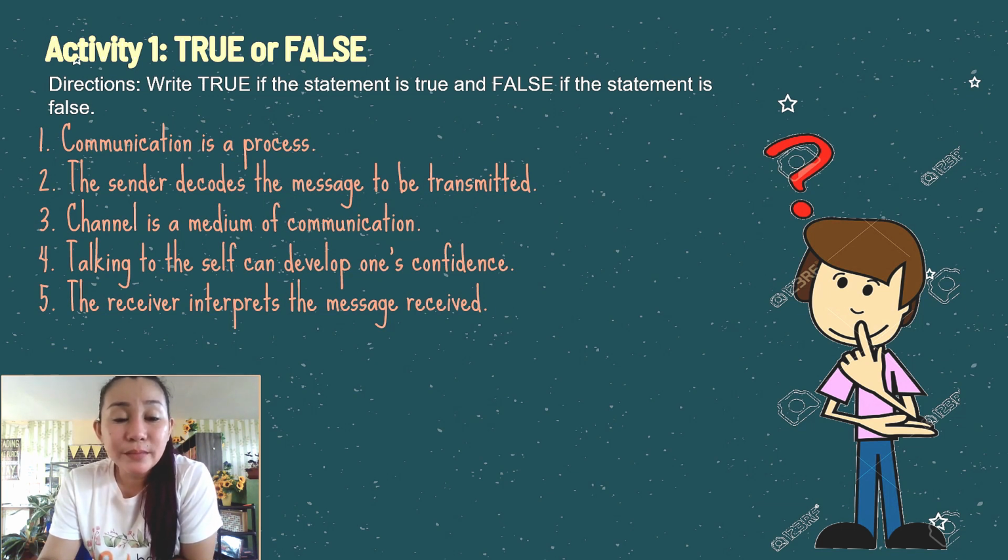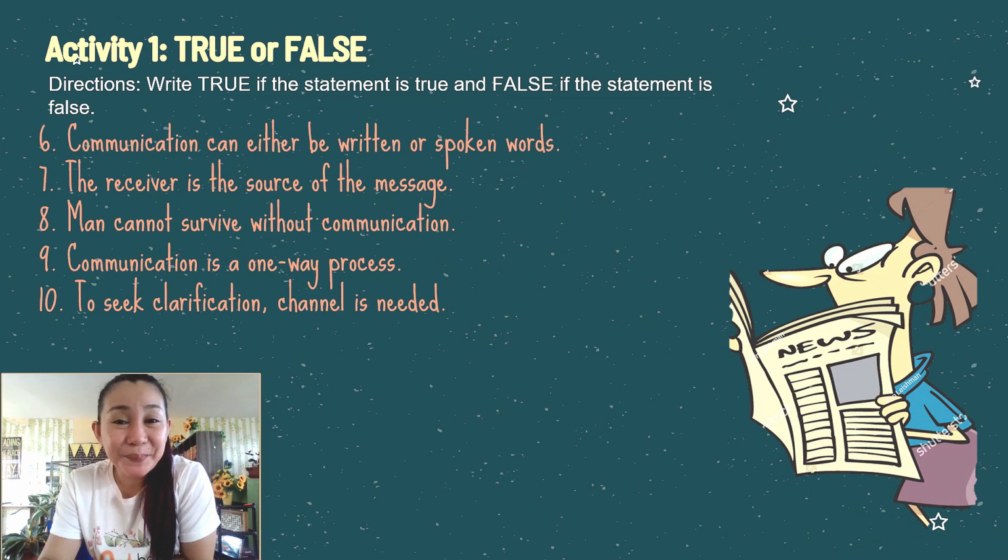Third, channel is a medium of communication. Fourth, talking to the self can develop one's confidence. Next, number 5. The receiver interprets the message received. True or false? Done? Let's proceed to next number.